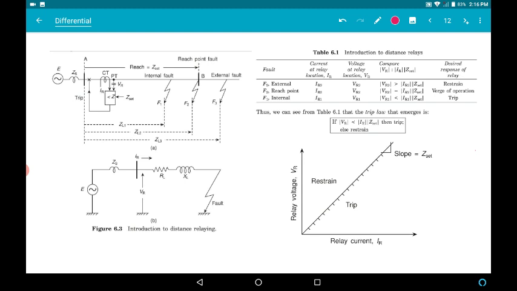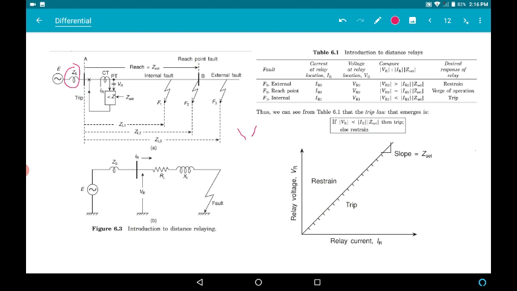If either your source impedance is variable or your type of fault is changing, then the system is maloperating. That means it is not working properly. So as a solution to this, instead of measuring the current, we can measure the ratio of voltage and current.